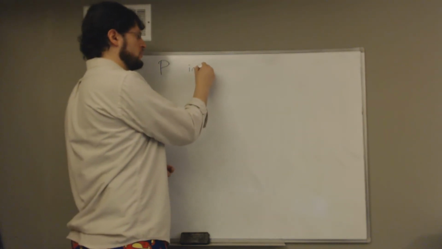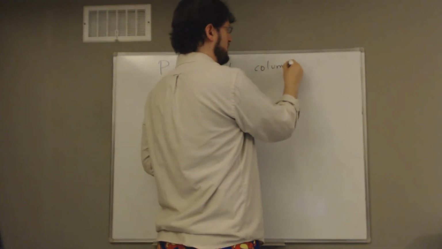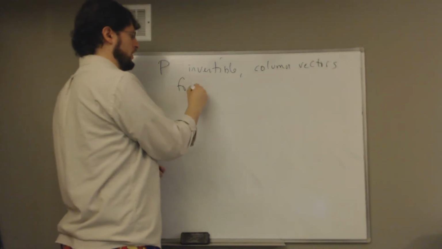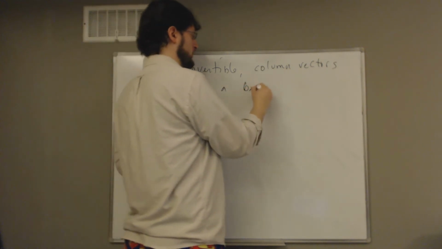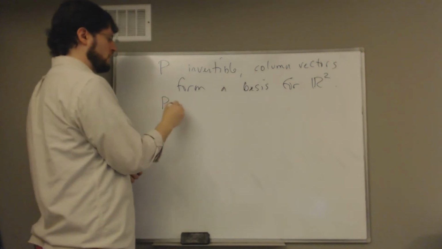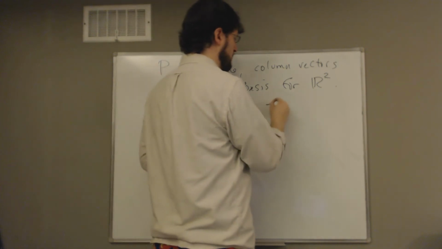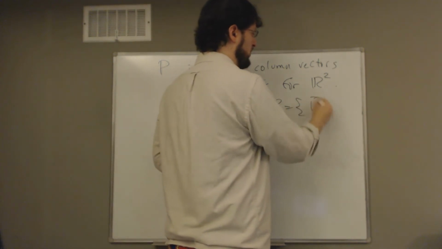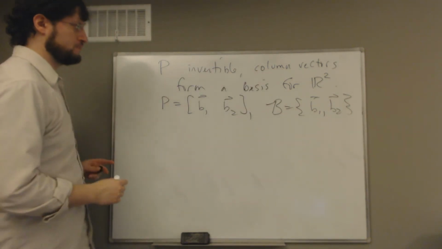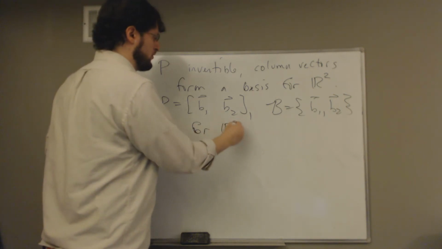So the column vectors form a basis for R2. So let's call P, B1, B2, so that the basis B, B1, B2, is in fact a basis for R2.